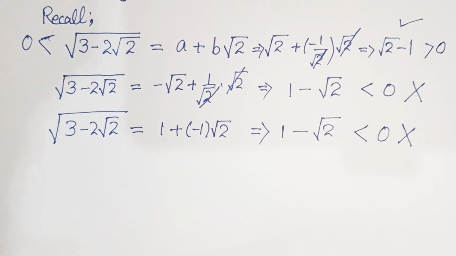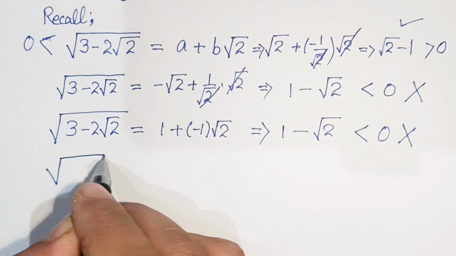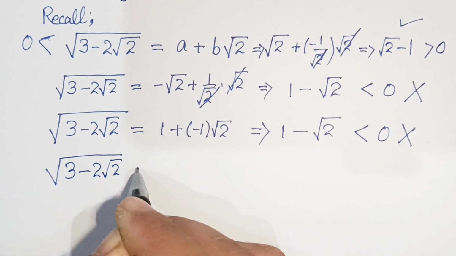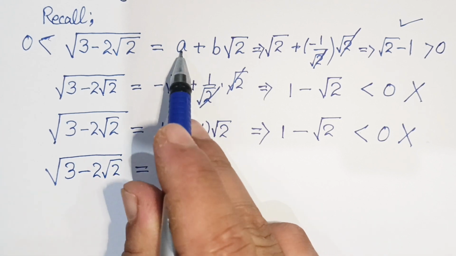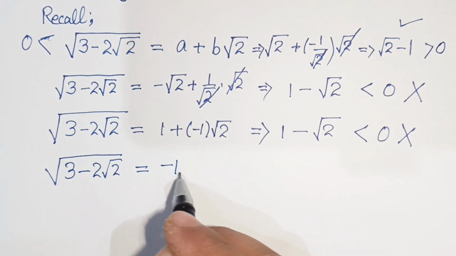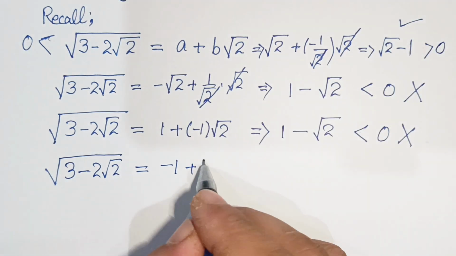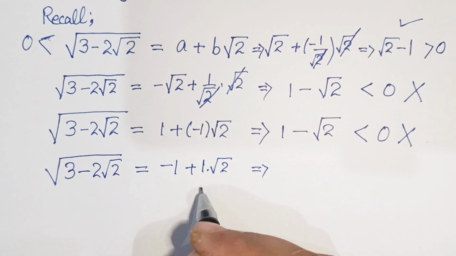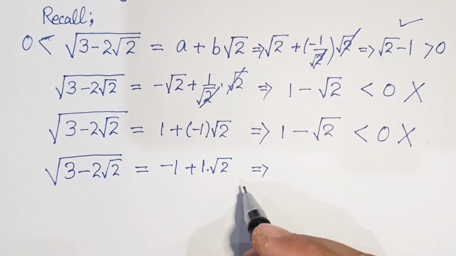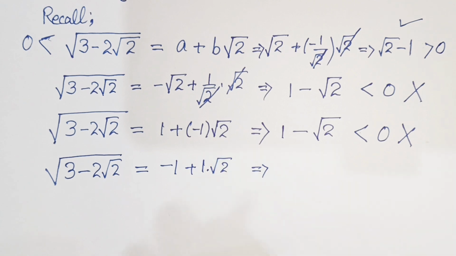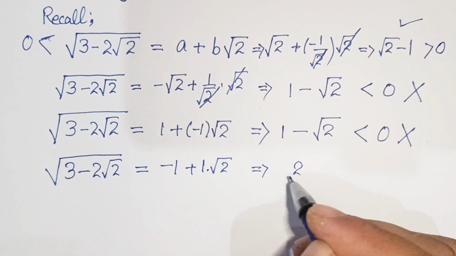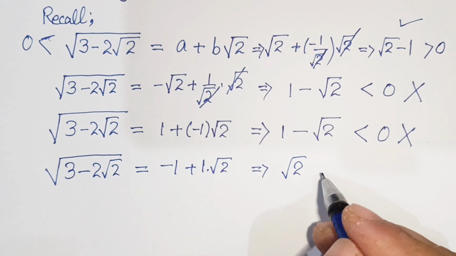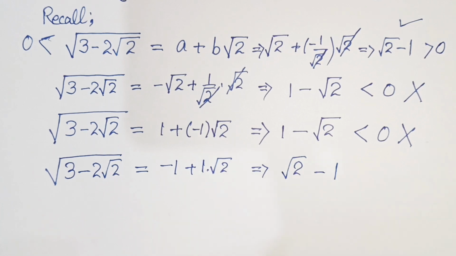Now our final pair of values for this problem: square root of 3 minus 2 times square root of 2 is equal to, here the value of a is minus 1 plus b is 1 times square root of 2. So here we get square root of 2, and here we have minus 1, so we get square root of 2 minus 1.